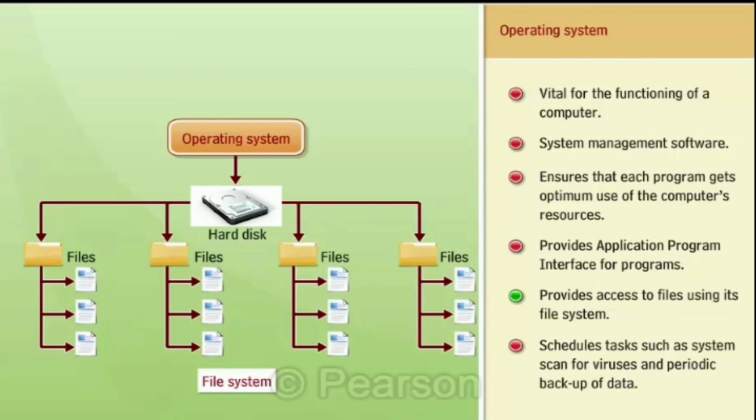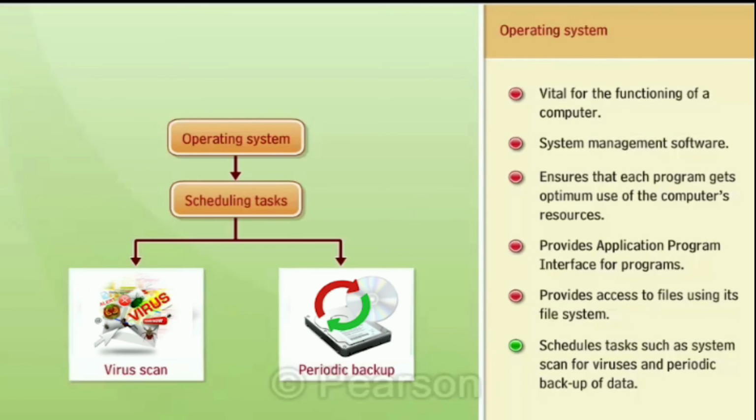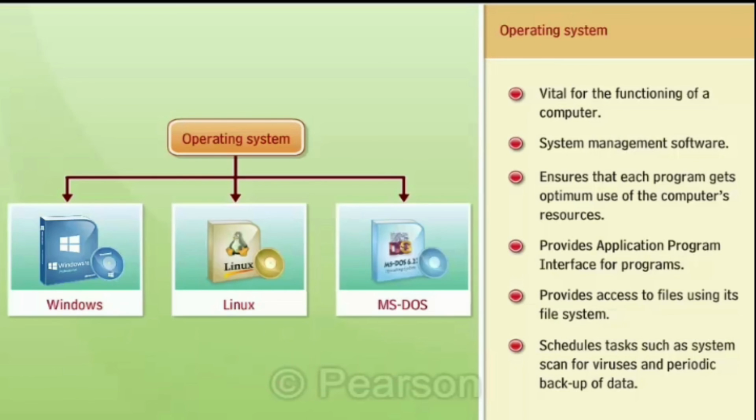The operating system can also handle scheduling tasks such as system scan for viruses or periodic backup of data to protect against its loss. Some examples of operating systems are Windows, Linux, and MS-DOS.